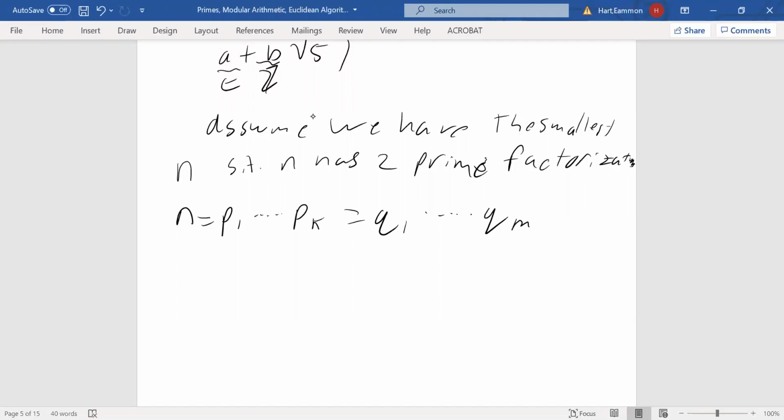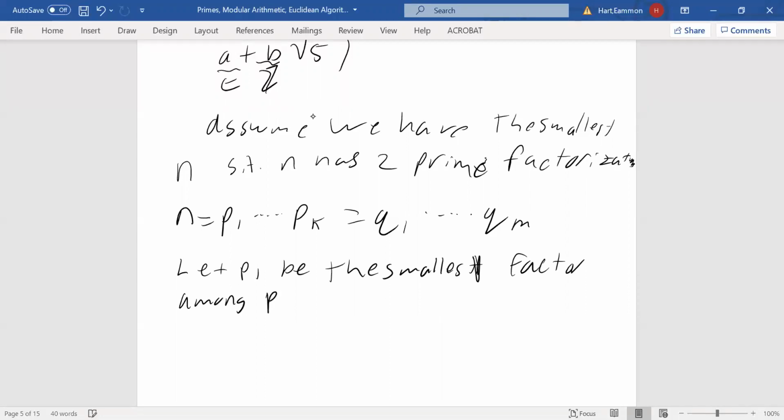So let P1 be the smallest factor among our P's and our Q's.